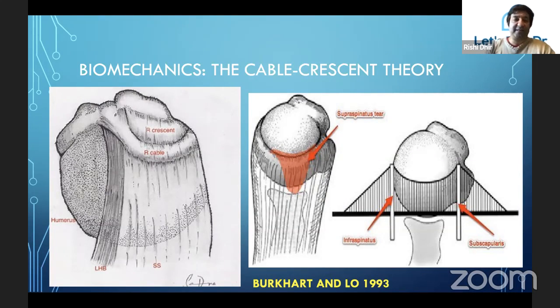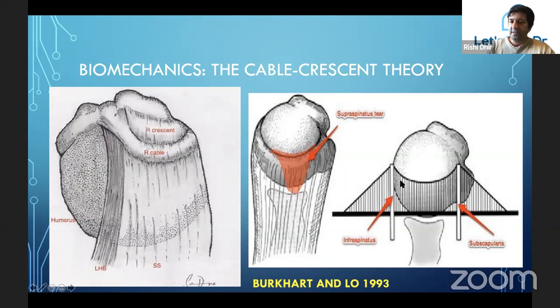Now, the reason why that's important is because Burkhardt, in his pioneering paper in 1993 with Ian Lowe, did cadaveric dissections where they basically defined the rotator cable and the rotator crescent and said it was very similar to a suspension bridge. So think of the Golden Gate Bridge in San Francisco. The bridge is basically held up by these two struts, infra at the back and subscap at the front, okay?